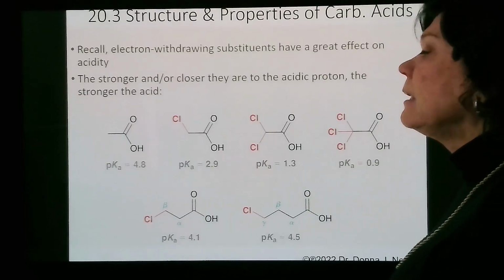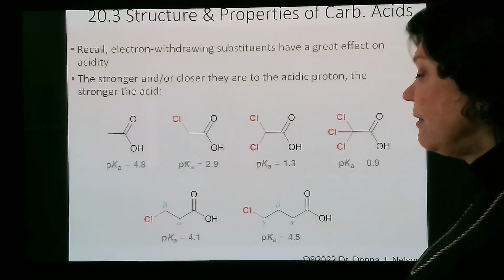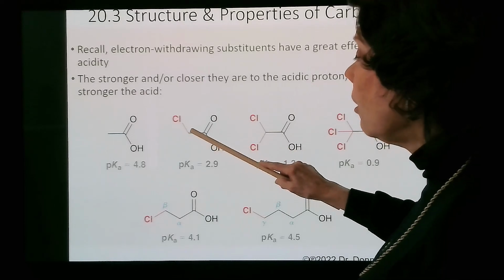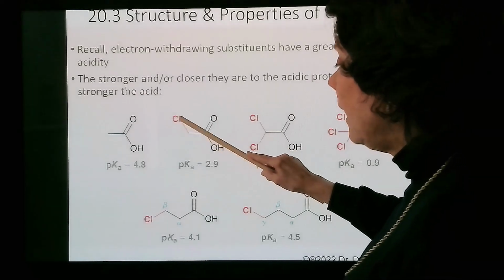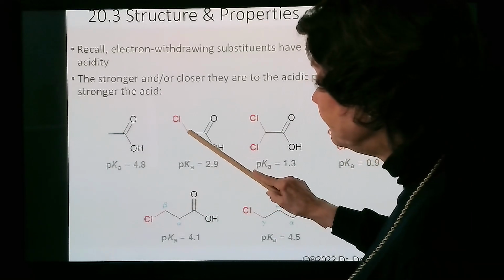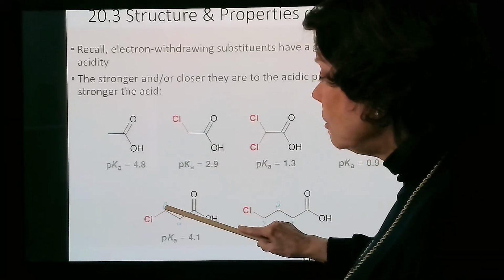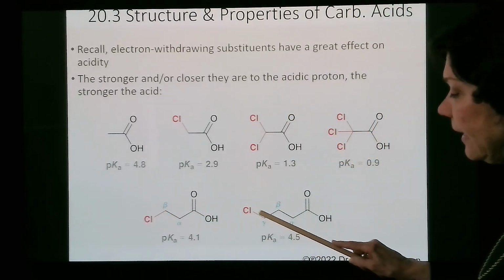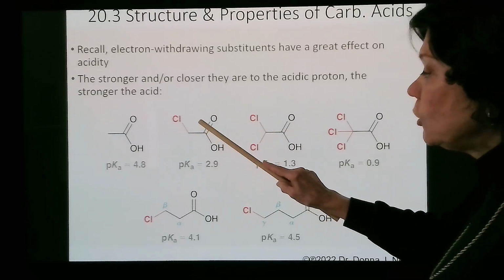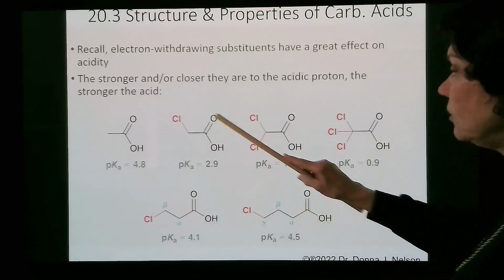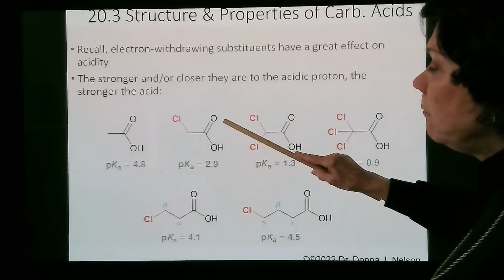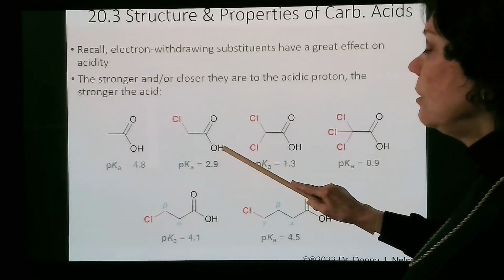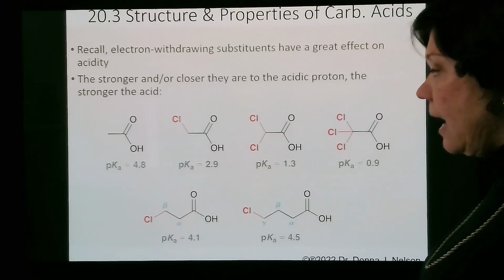Now, let's look at another trend, and that is called the proximity effect. Let's compare a chloro substituent at the alpha position to a chloro substituent at the beta position versus at the gamma position. You can see that as we go down this sequence, the chlorine is being moved farther and farther away from the carbonyl and the proton of the carboxylic acid.